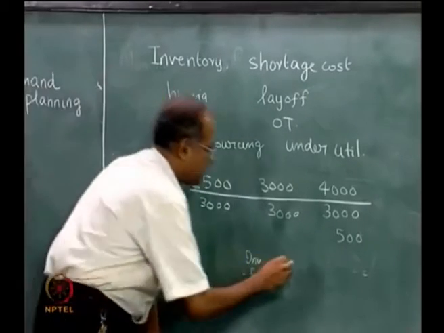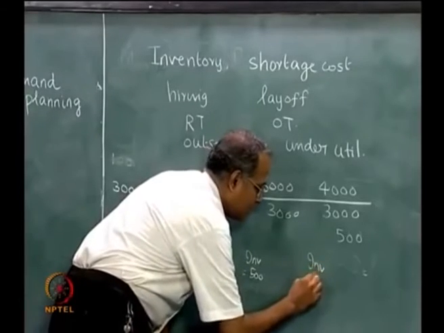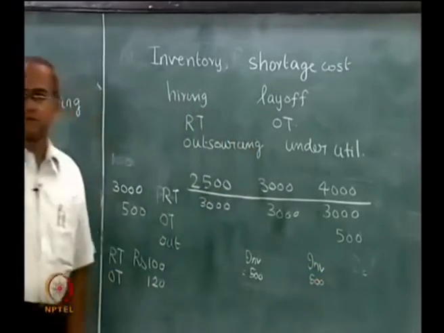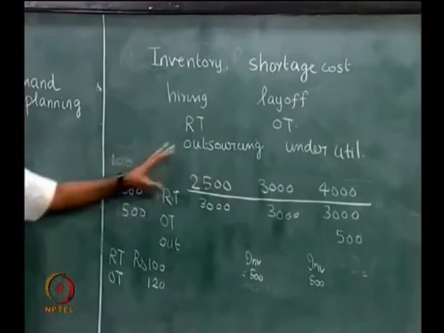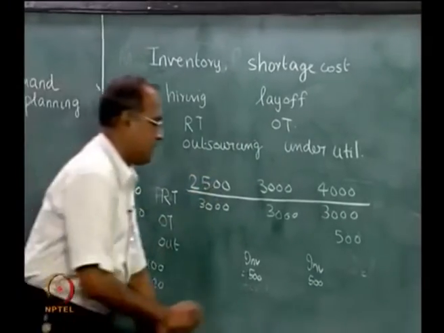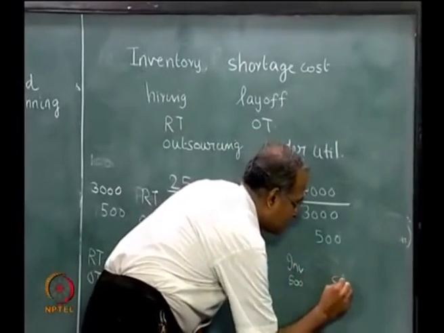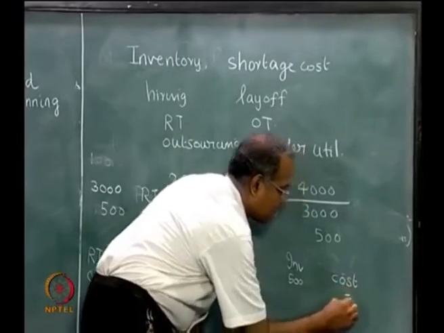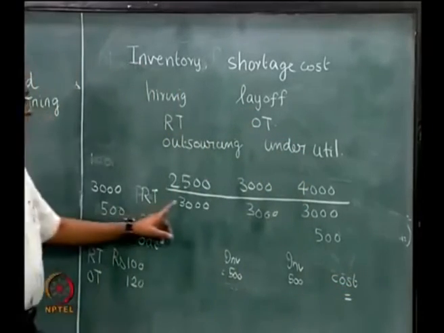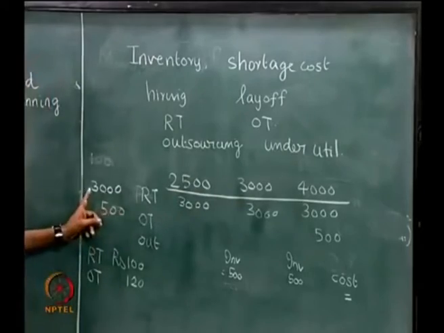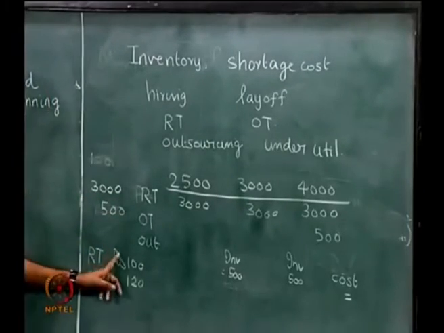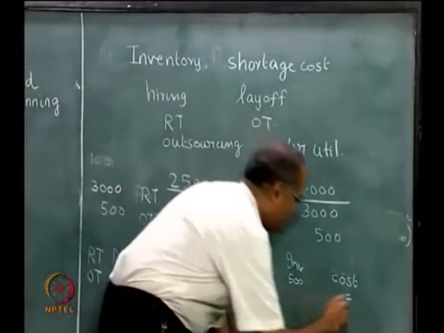Let us say here also we carry an inventory of 500. So, the total cost associated with this plan will be 9000 into regular time cost of 100, which is 900,000.